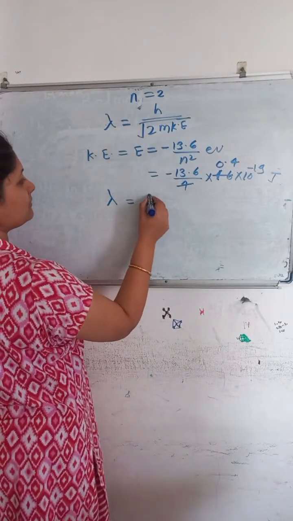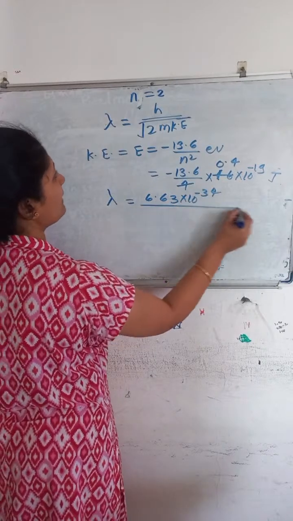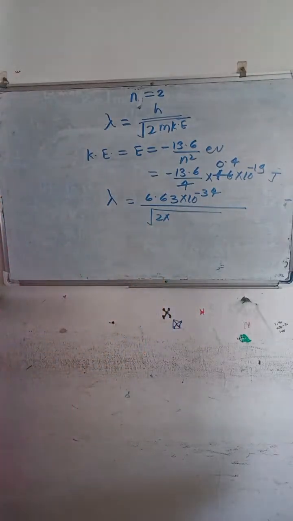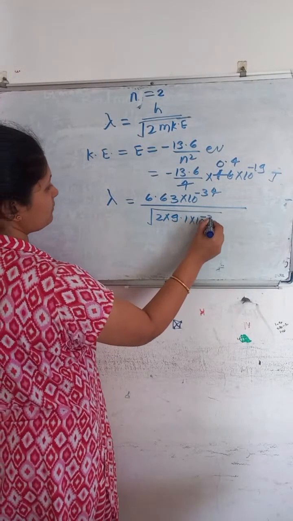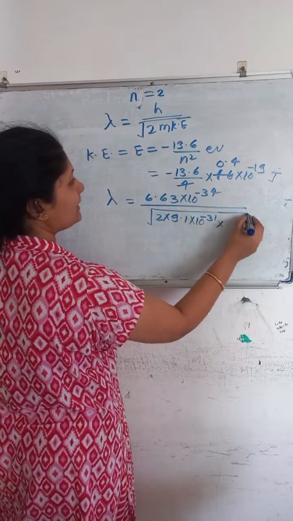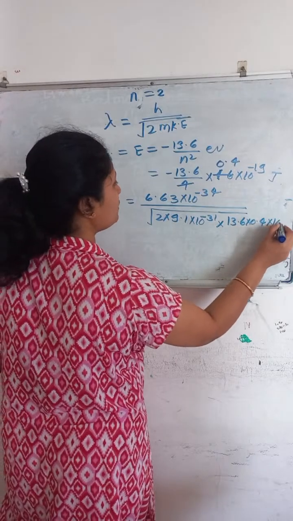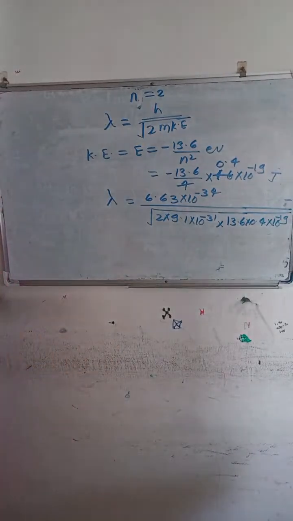So h is 6.63 into 10 raised to minus 34 divided by square root of 2 into mass. Mass of what here? Electron, so mass of electron is 9.1 into 10 raised to minus 31, into kinetic energy, which we got as 13.6 into 0.4 into 10 raised to minus 19. First add the powers and take them out.